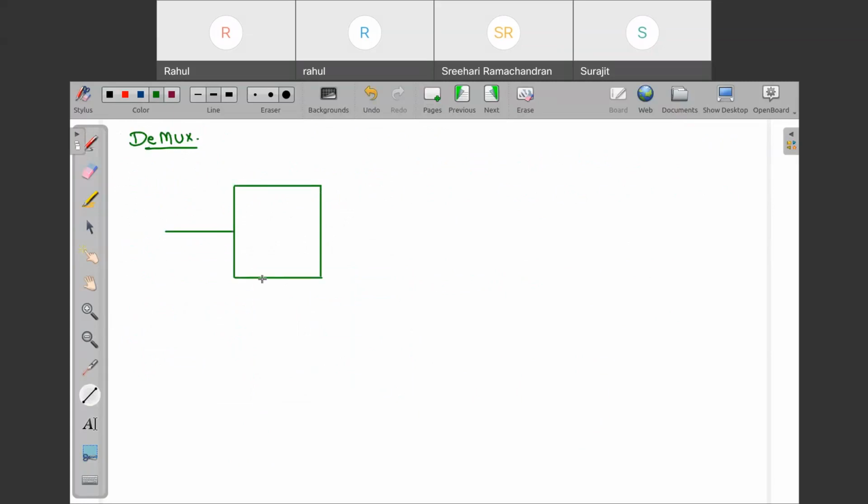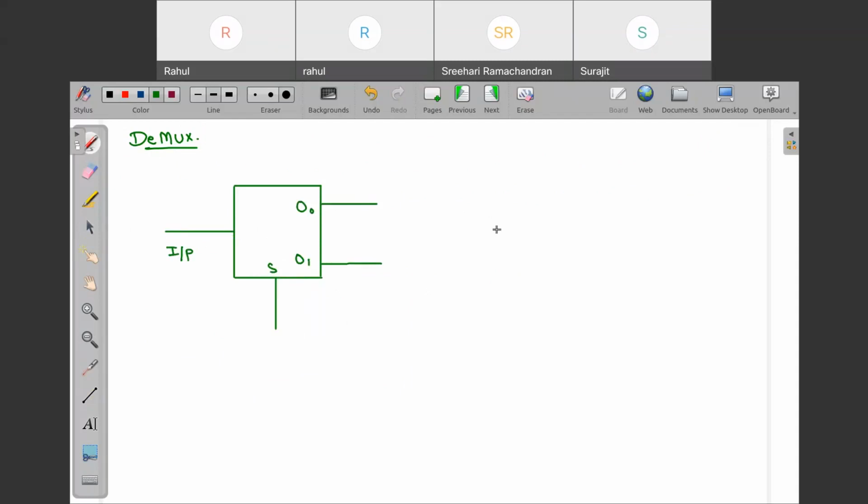So basically a Demux has a single input and multiple outputs. This is your input, this is your output, and this is your selection line.